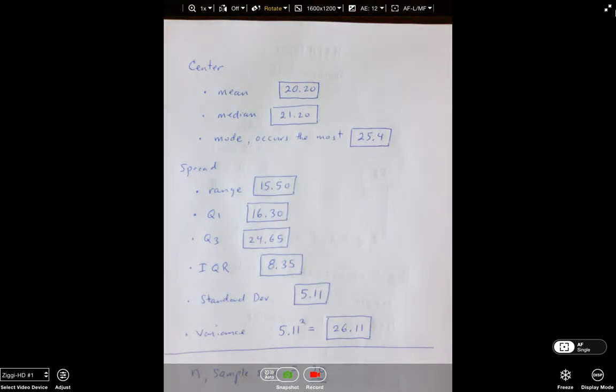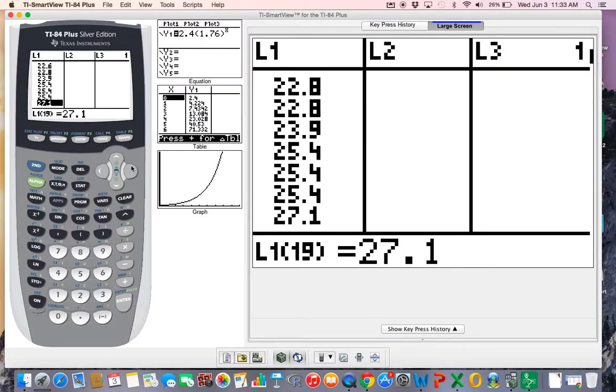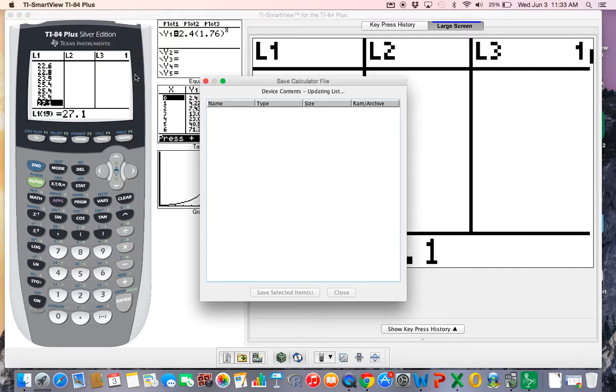Let me see if I can get this calculator unstuck. Well, shoot. Not cool. Let's see if we can save a calculator file.